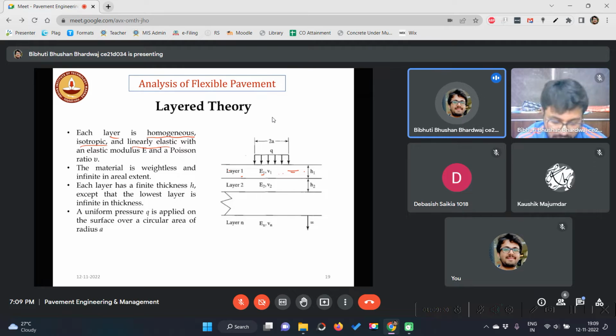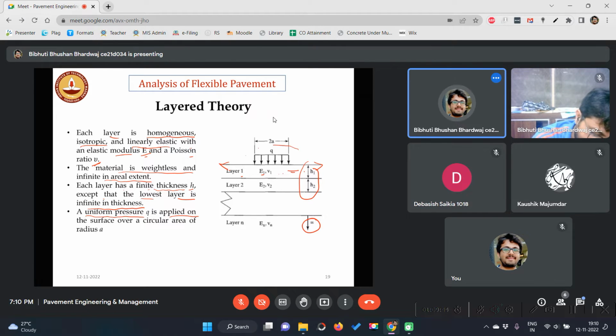That's why you use those equations with elastic modulus E and Poisson's ratio nu. The material is weightless, infinite in areal extent. Each layer has a finite thickness H, except the lowest layer, which is infinite in thickness, so that layer is a half space. A uniform pressure q is applied on the surface over a circular area of radius a, the contact radius.